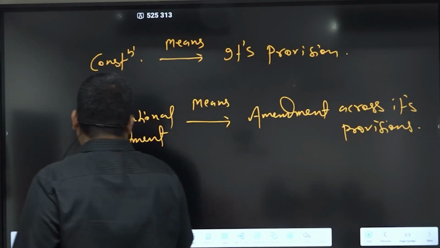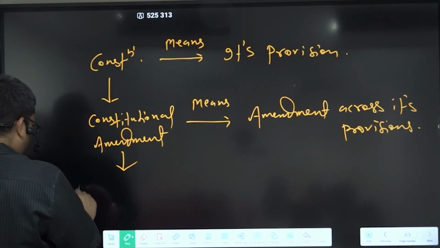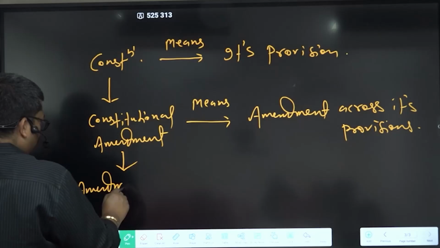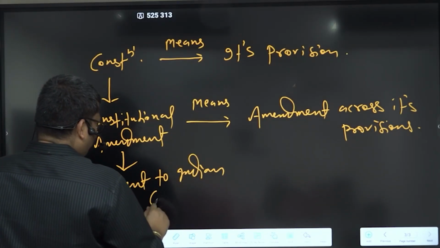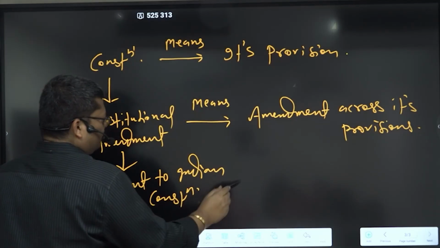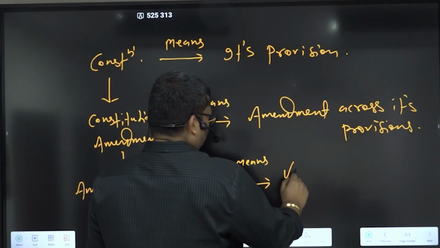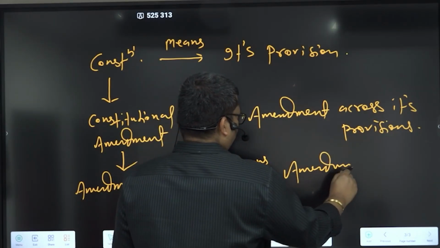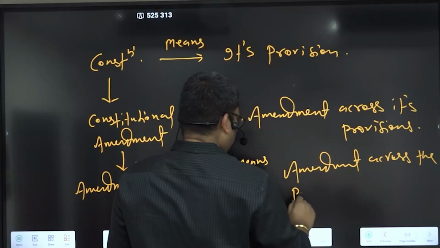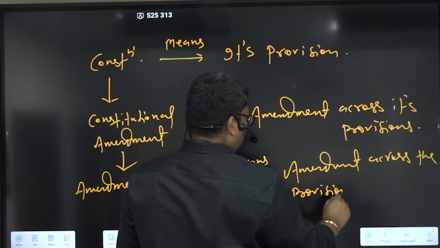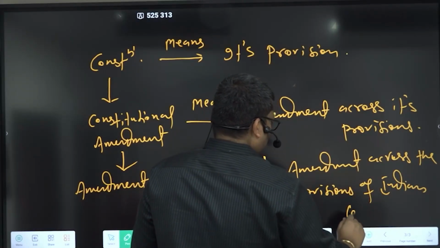Good. So just try to understand this analogy, right? Amendment to Indian Constitution means amendment across the provisions of Indian Constitution, right?